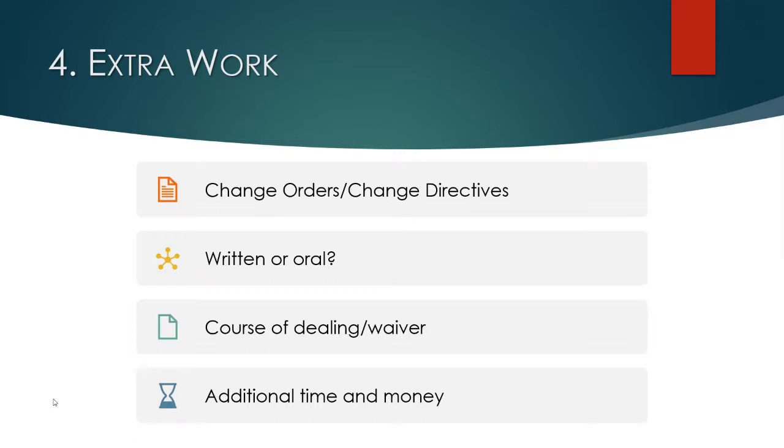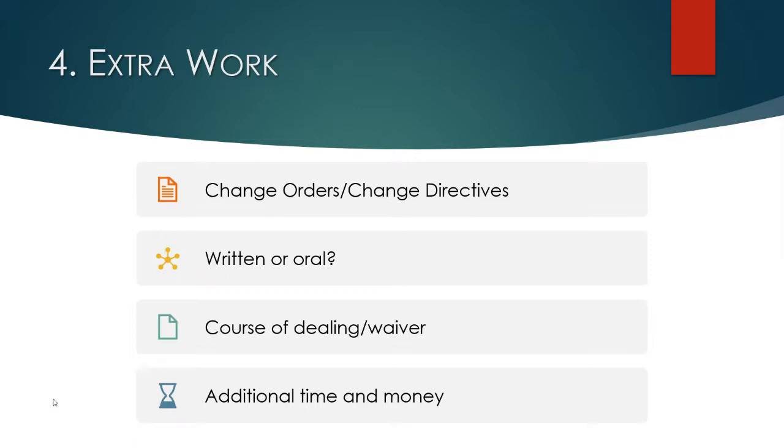Typically, good contracts will require them to be in writing, but certainly there are instances where there are oral change orders, and depending on the situation, those can be enforceable, depending on how the parties have operated during the course of the project. But the extra work component of a change order should address the additional time that it will take to complete the work, as well as, of course, the additional cost to the subcontractor for performing it.